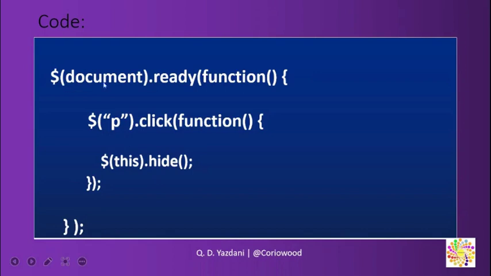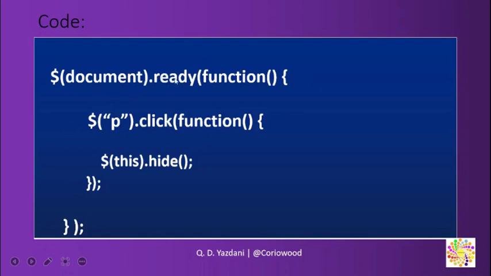The object, which is the document, has dot ready, which is a method, and inside this method we're going to manipulate things. If I put click here, you're going to see dot click, dot show, dot hide. This is the whole jQuery. There is nothing to worry about.